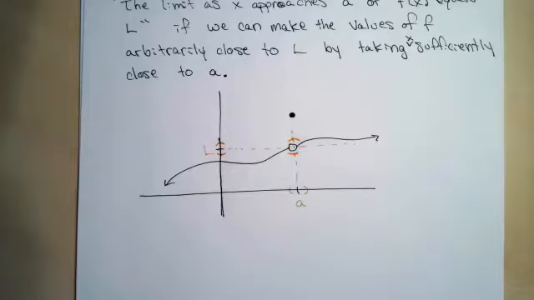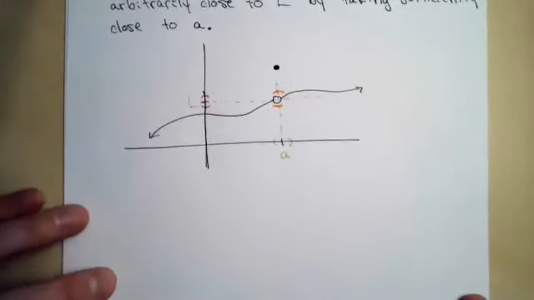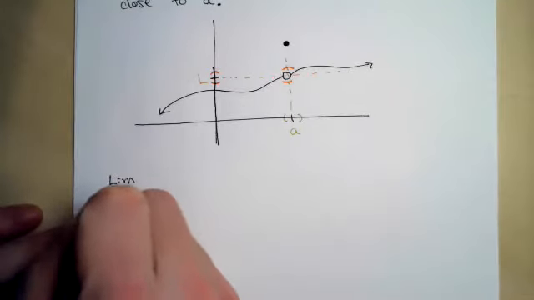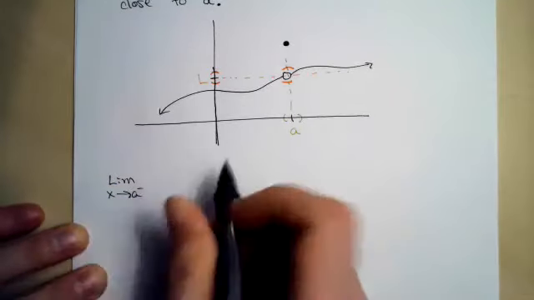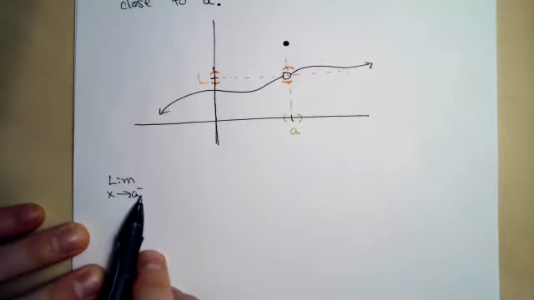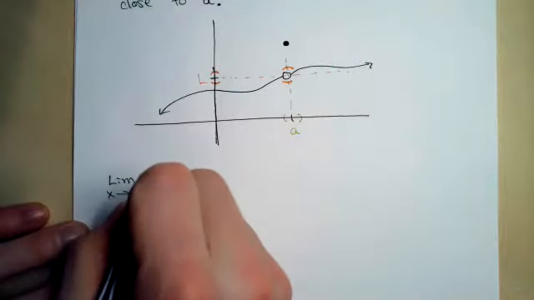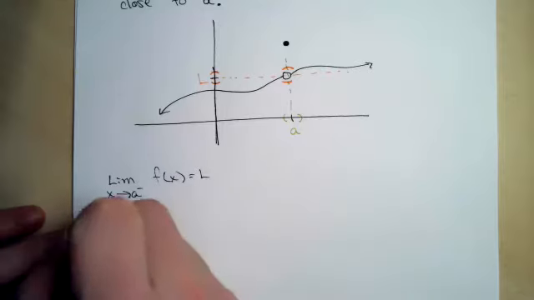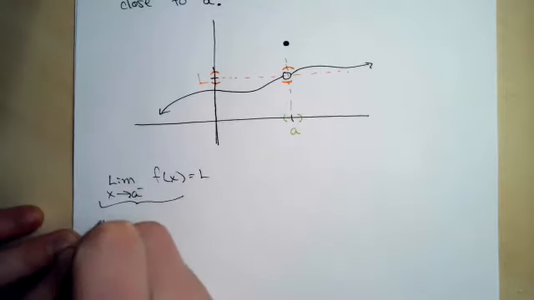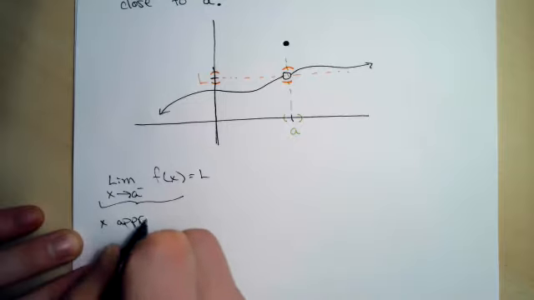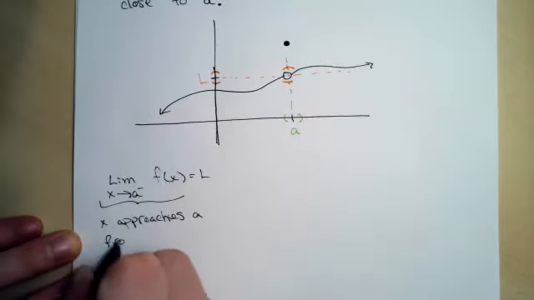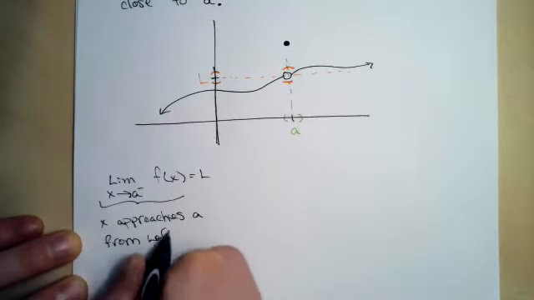Another way we can think about this is in terms of left and right-sided limits. So we often write the limit as x approaches a from the left. We put a superscript negative on the a to mean x approaches a from the left, or from below.